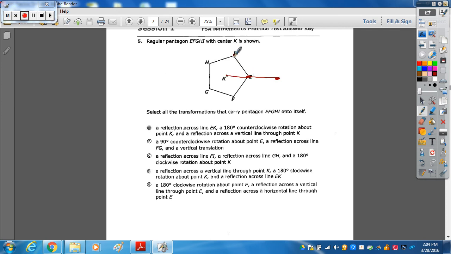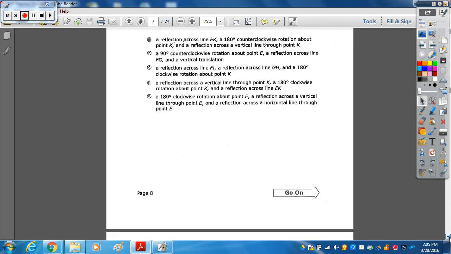If I was to do I, there's I, there's F, there's G, and there's H. So it would look something like this. Okay? So, yeah, I think we may have figured that one out. So, when it says onto itself, make sure that the center point has to be onto itself. I've always known onto itself, meaning the vertices are back onto itself. So, all right, let's look at one more problem here, number 6.